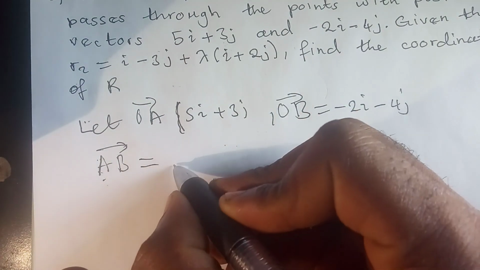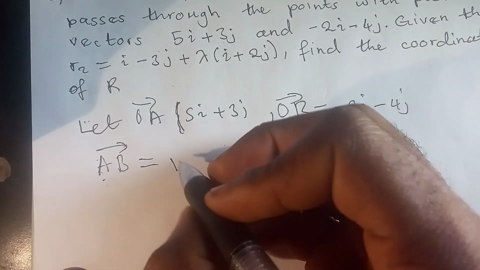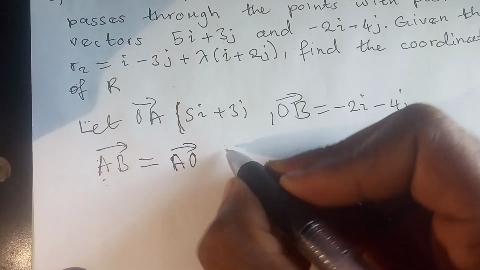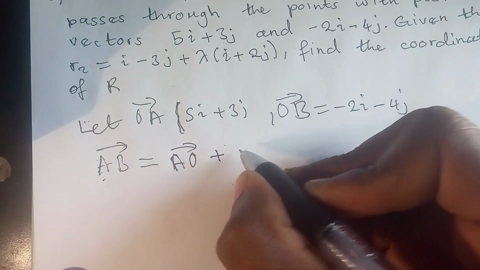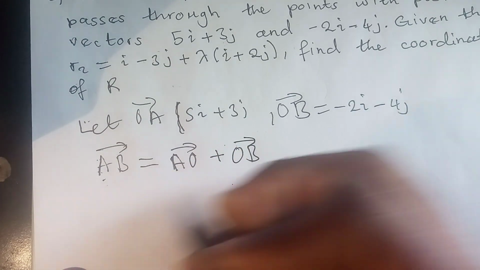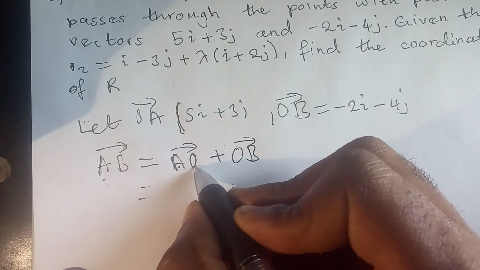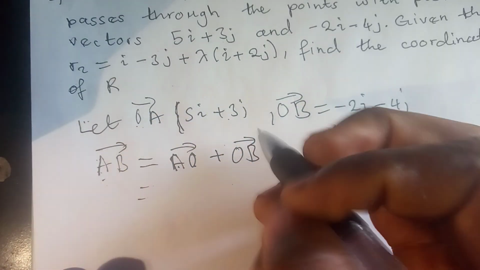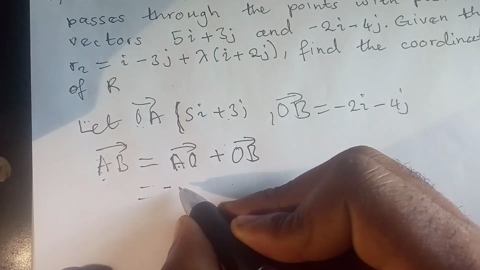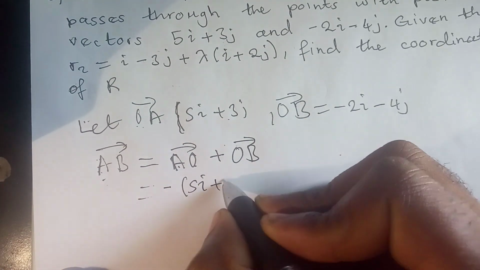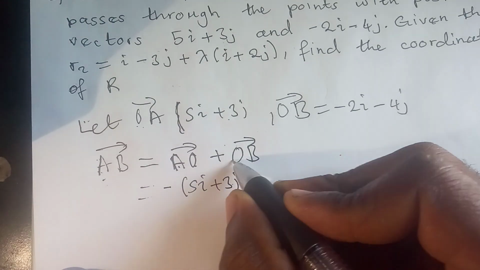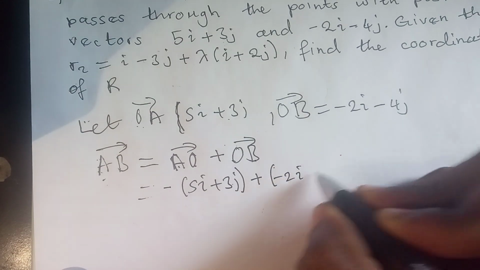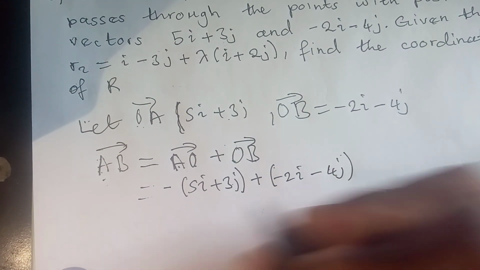So this one will be AO plus OB. AO is like the negative version of OA, negative 5i minus 3j. Then OB is 2i minus 4j.